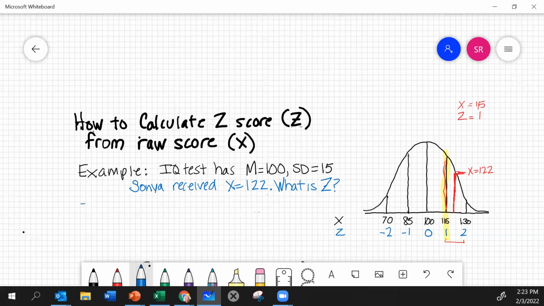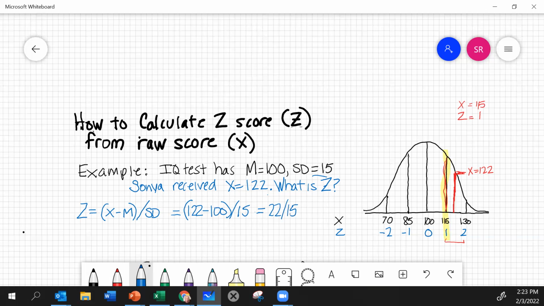So what is the formula? Well, it's quite simple. In this case, z equals the deviation, x minus M, divided by the standard deviation. If we continue that, z equals, substituting in, x 122 minus M 100 divided by the standard deviation, which is 15, which is equal to 22 divided by 15.